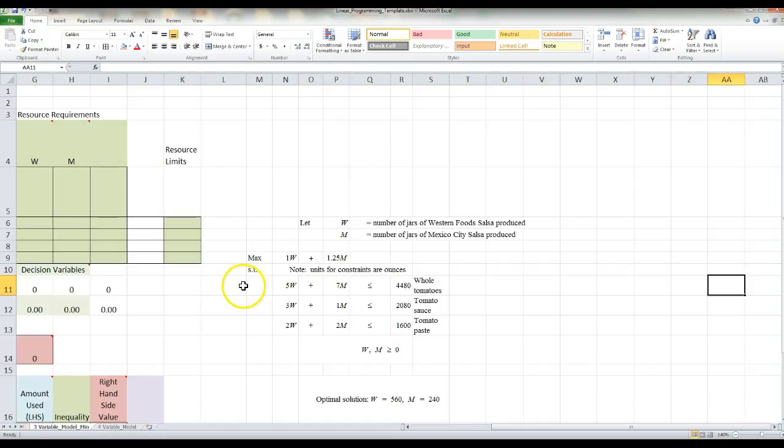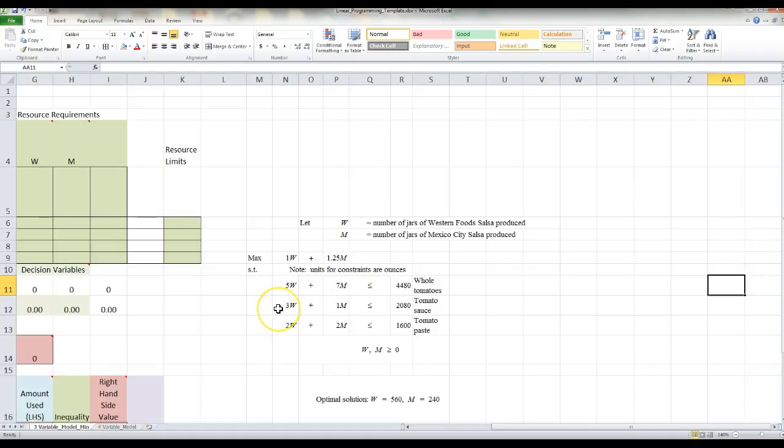So, the whole tomatoes constraint is 5 ounces per jar times the number of jars of Western Foods plus 7 ounces per jar times the number of jars of Mexico City Salsa. That has to be less than or equal to 4,480 ounces of whole tomatoes.